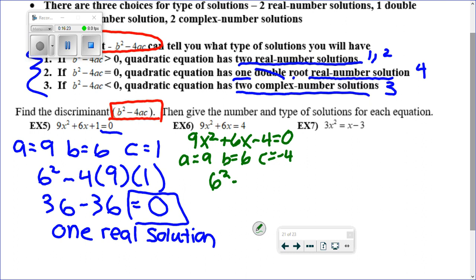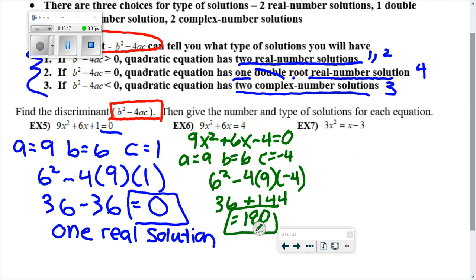So 6 squared minus 4 times A, which is 9, times C, which is negative 4. That would give us 36 plus 144, which equals 180. So we know that is a positive value for your discriminant, which tells you you should have two real solutions.